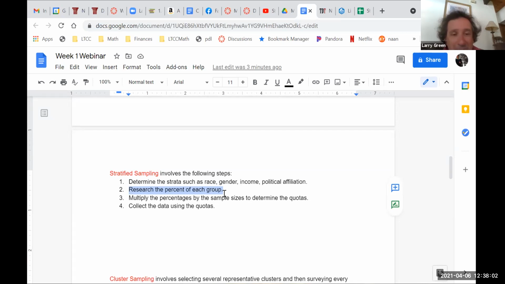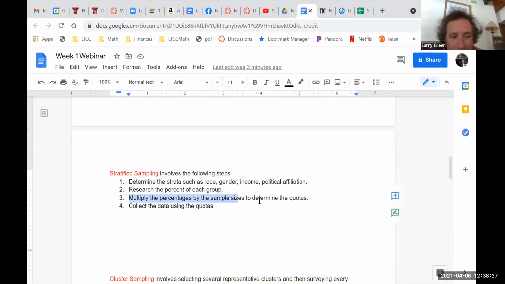And you find the percents for each group. So if you're doing it by race, you find out the percentage of Hispanics, Caucasians, African Americans, etc. Whichever ones you think are the big ones in your community, and then you put other for the rest. Then you look up how much of each there are, what percent.